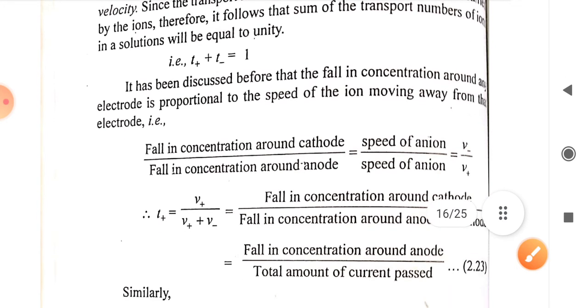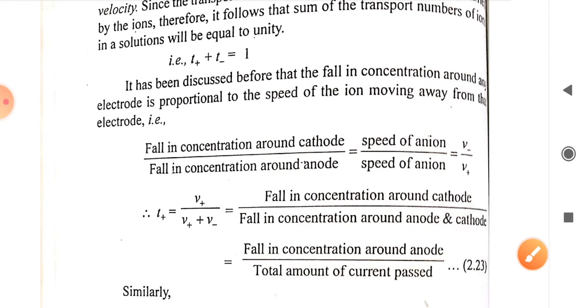It has been discussed before that the fall in concentration around a particular electrode is directly proportional to the velocity of the ions moving away from that electrode. Cations are attracted towards the cathode and move away from the anode.